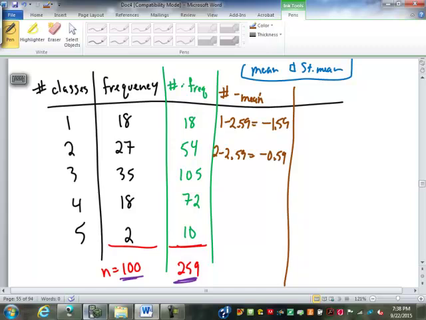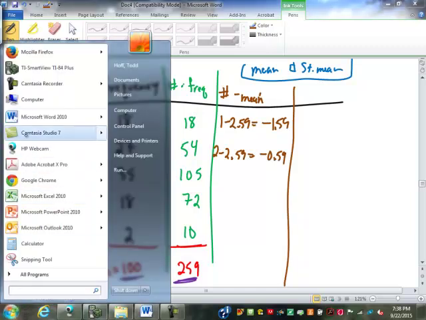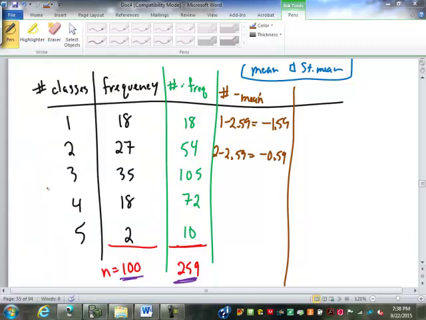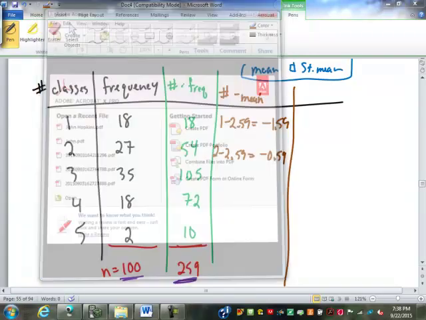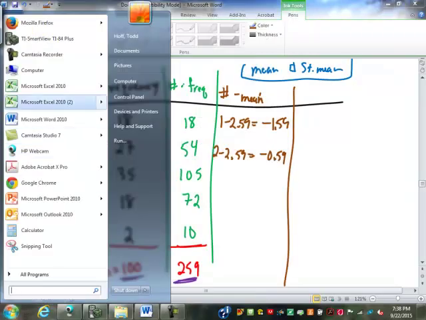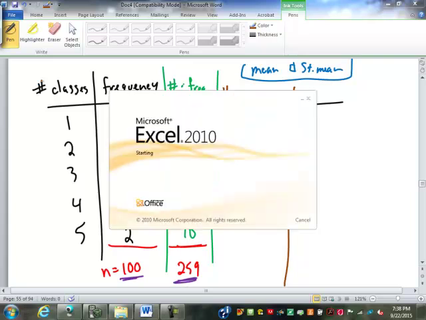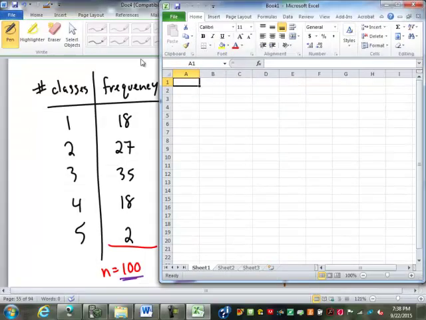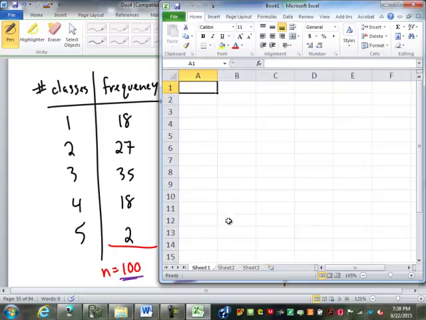Actually, you know what? I'm going to do this smart, just to make it faster. I'm going to cheat.